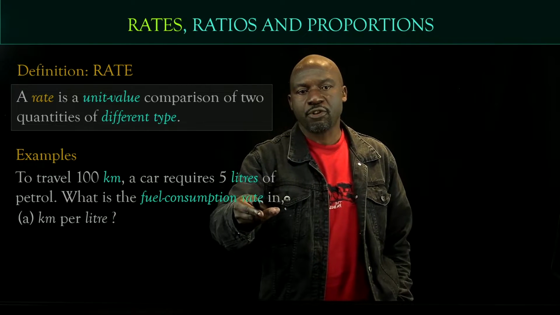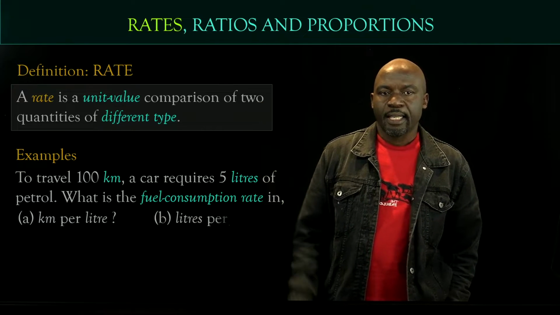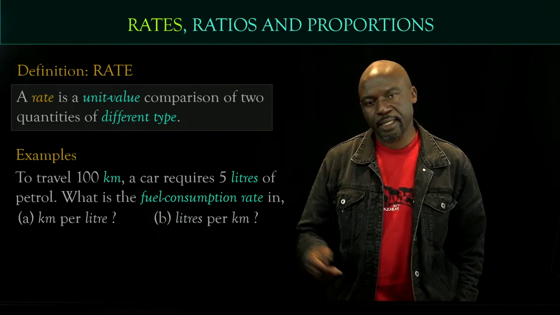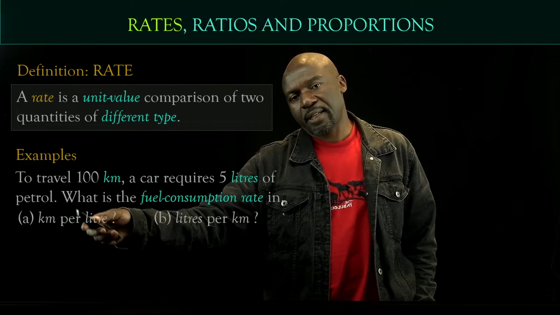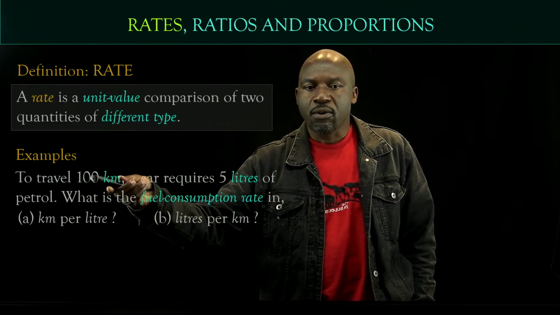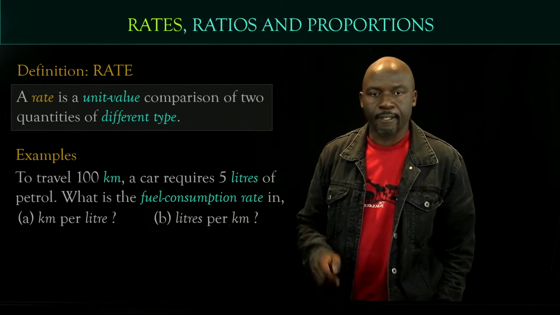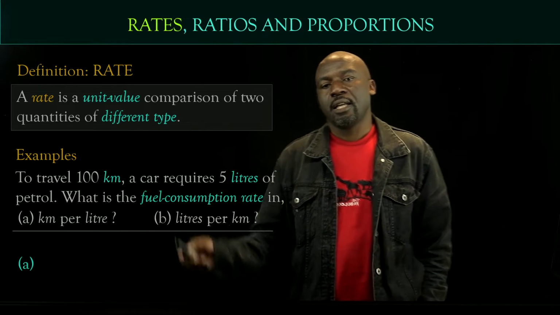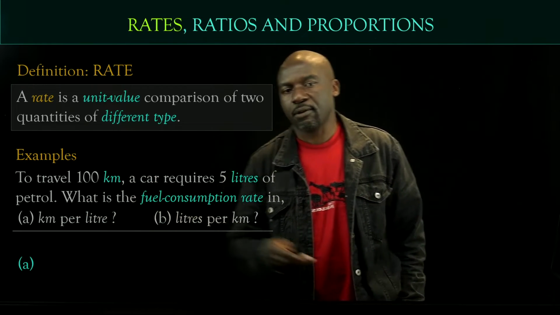The term per means divide by, so kilometers divided by liters. We want kilometers in the numerator and liters in the denominator. So for part A, it is kilometers per liter. The kilometers goes to the numerator and the liters go to the denominator.